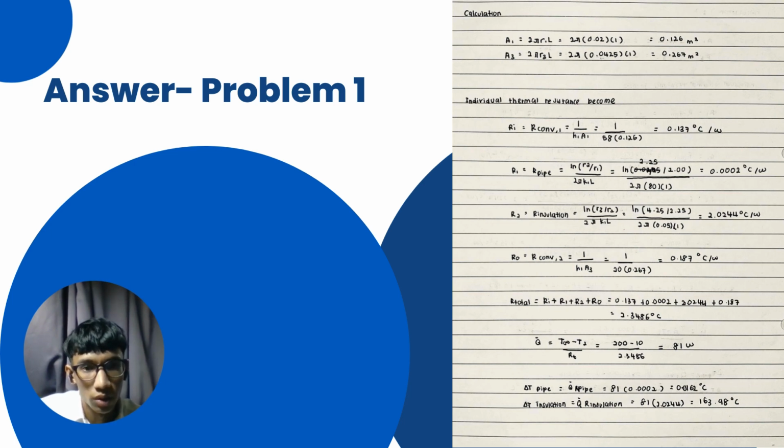Individual thermal resistance: Ri equals R convection, and the formula is 1 over h1 A1.